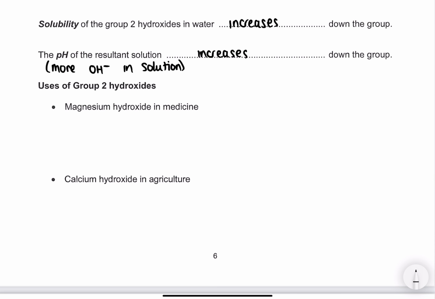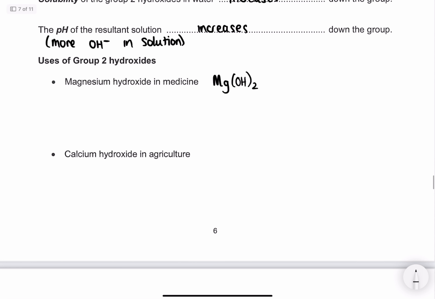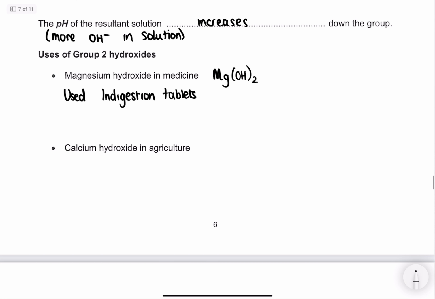What about some uses of our group 2 hydroxides? So we've got magnesium hydroxide in medicine. Magnesium hydroxide is used in indigestion tablets like Rennie's, milk of magnesia, those kinds of indigestion remedies, used to neutralize excess stomach acid.